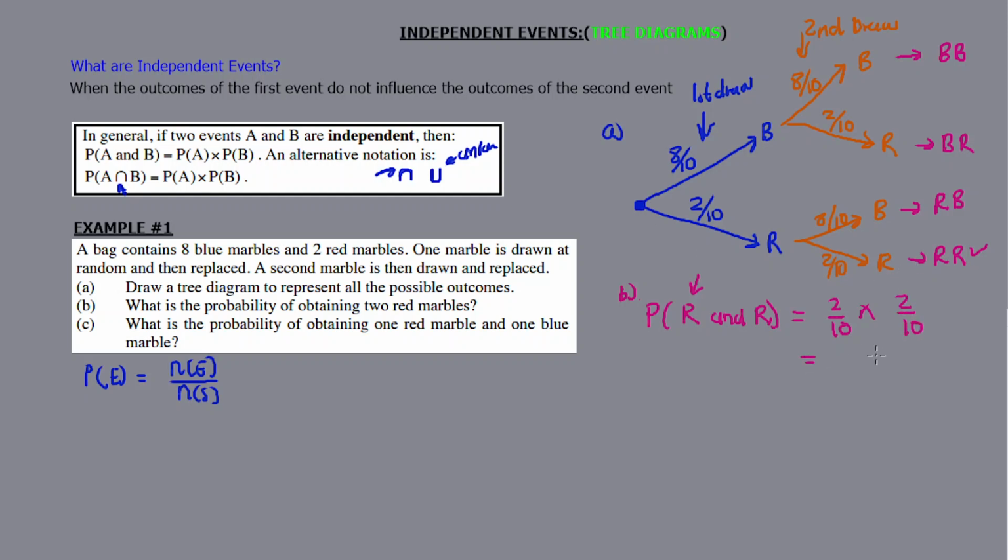So 2/10 is 1/5 times 1/5. So 1 times 1 is 1, and 5 times 5 is 25.